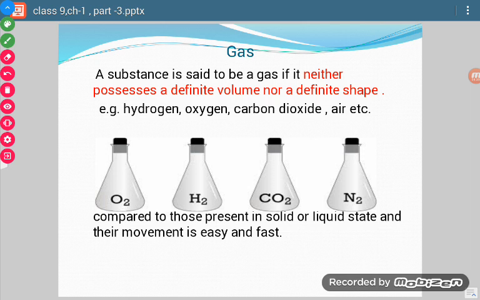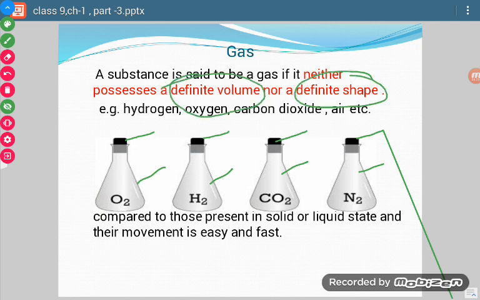Okay, now see, we have taken these 4 conical flasks. These are called conical flasks. This is a conical flask, okay, and this is a cork. So we have taken different gases in this. What we want to show here is that they do not possess a definite volume, and neither do they possess a definite shape.